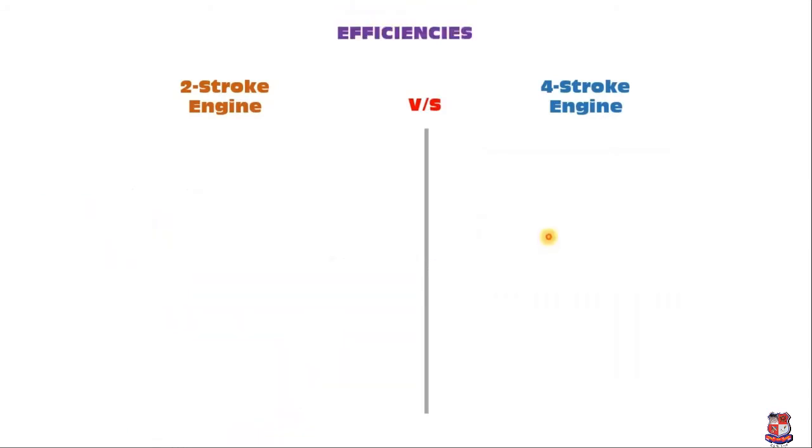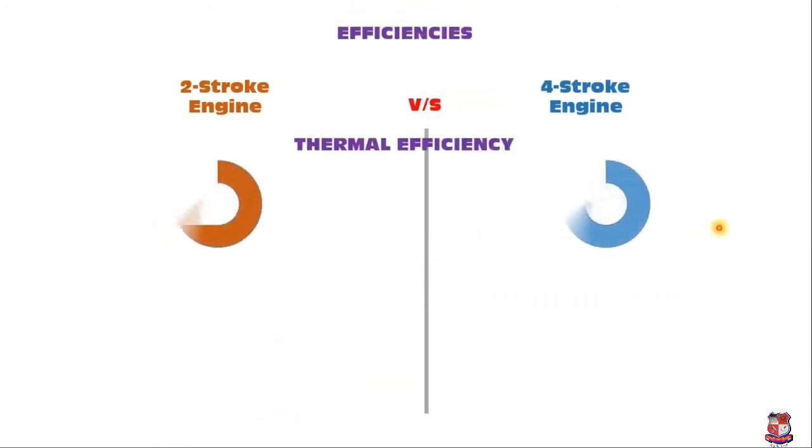Next is efficiencies. So first, thermal efficiency. Thermal efficiency of 2-stroke engine is less because of scavenging, and thermal efficiency of 4-stroke engine is relatively higher. Now why is thermal efficiency less in 2-stroke engine? If you recall the working of 2-stroke engine, there was a term called scavenging.